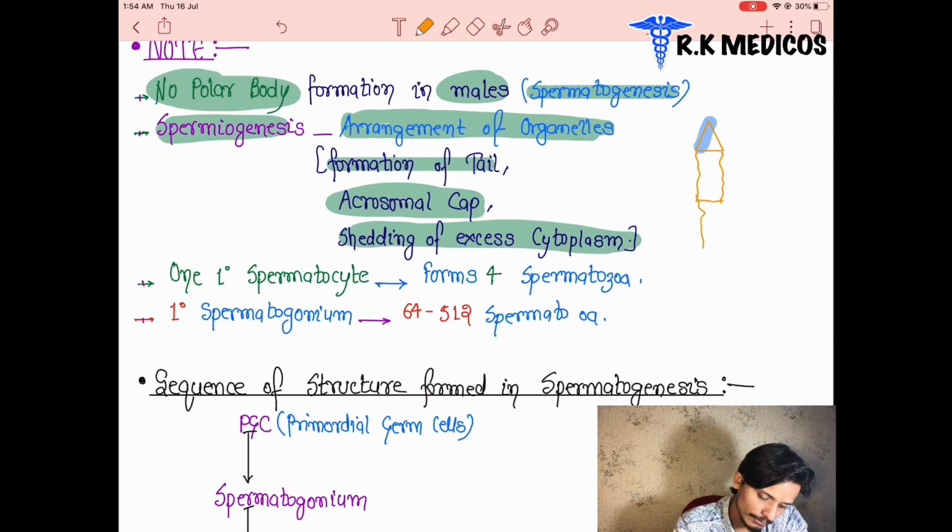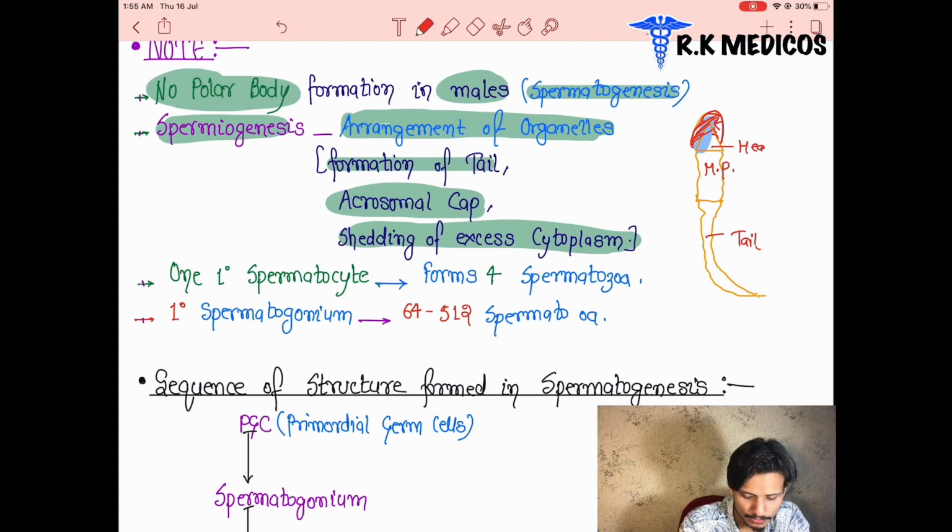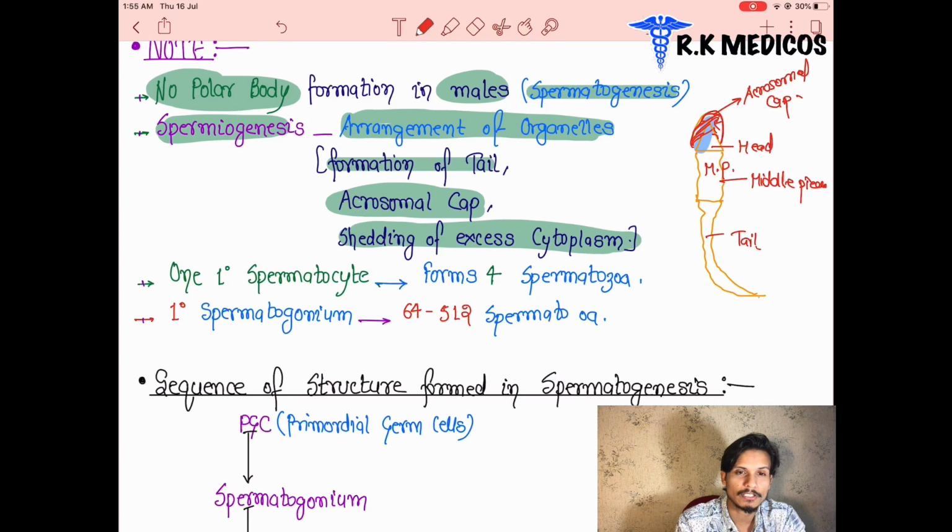So we can say here is the region where the acrosomal cap is present on the head, and this is the middle piece, this is the tail, and this is the head, this is the middle piece. Some cellular structures are present in the acrosomal cap, some in the head, some in the middle piece, and some in the tail.